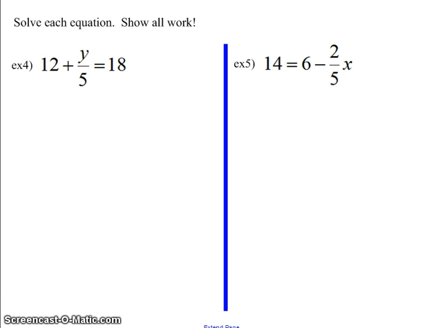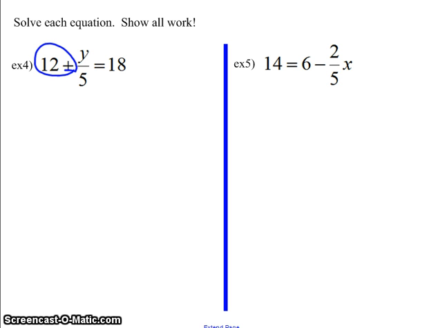In the first example here on this slide, it's written a little strange, but notice what you want to look for: adding and subtracting. I see a plus sign, but I also want to make sure I'm adding the correct number. All right, in this case, the 12 is what's being added to the y variable.